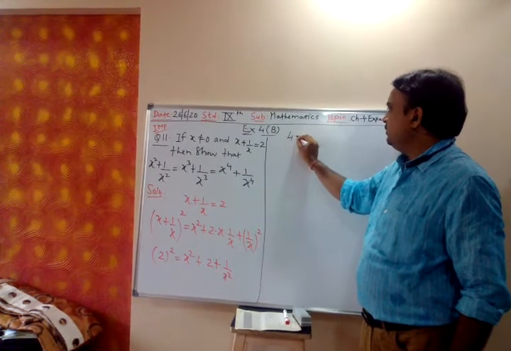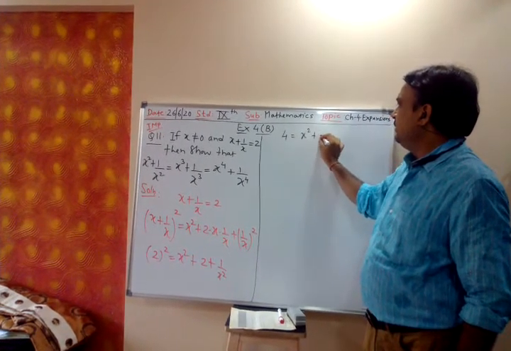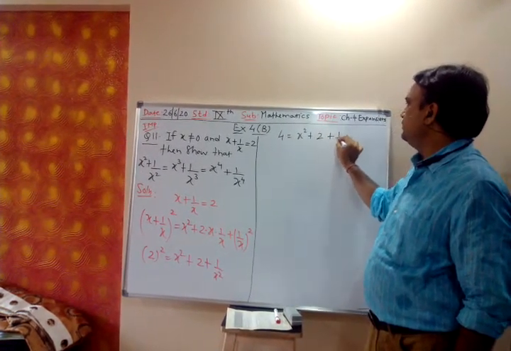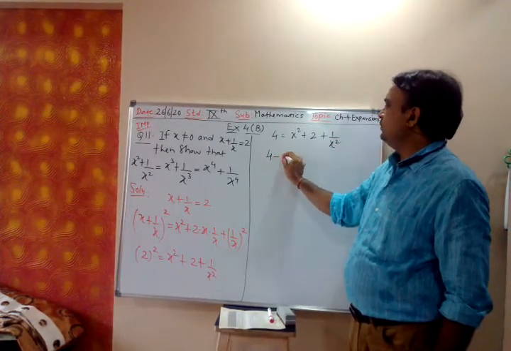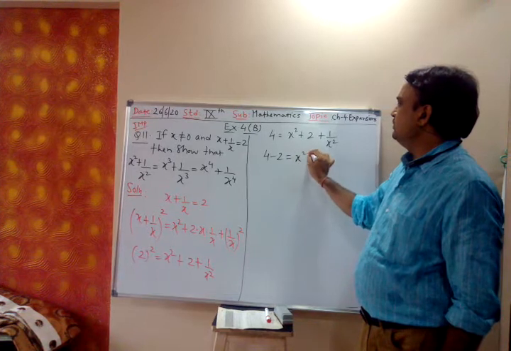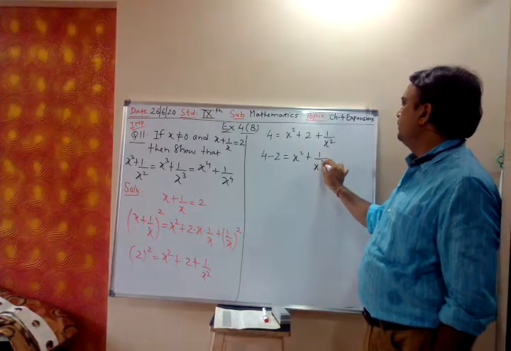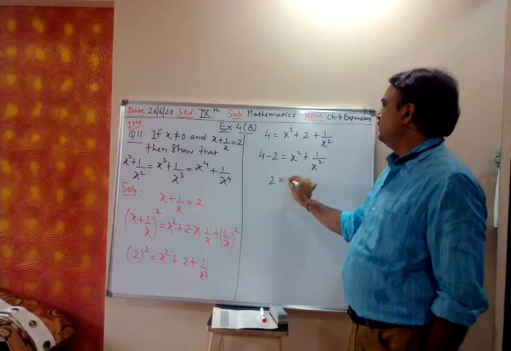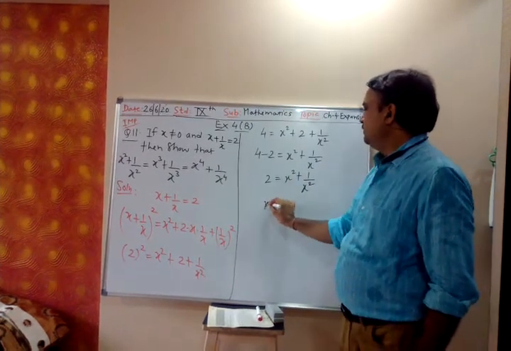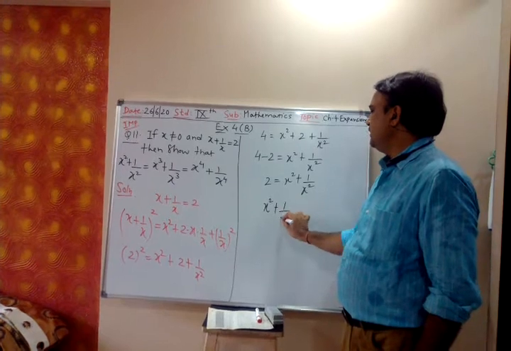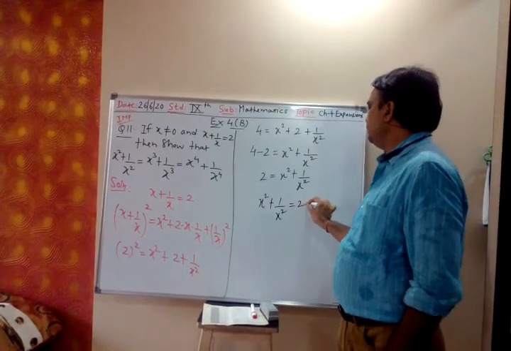So 4 is equal to x square plus 2 plus 1 upon x square. Now I will take 2 on this side. 4 minus 2 is equal to x square plus 1 upon x square. 4 minus 2 is 2. So x square plus 1 upon x square is 2. So finally x square plus 1 upon x square, this value is 2.